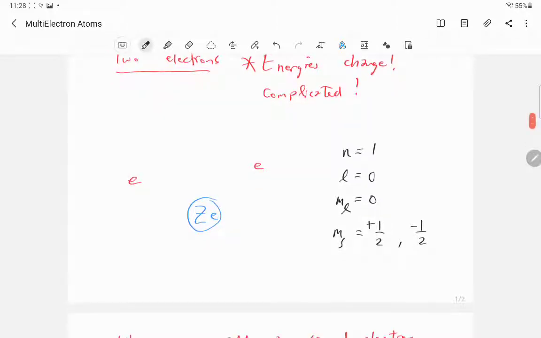And remember that l equals 0 is an s orbital.